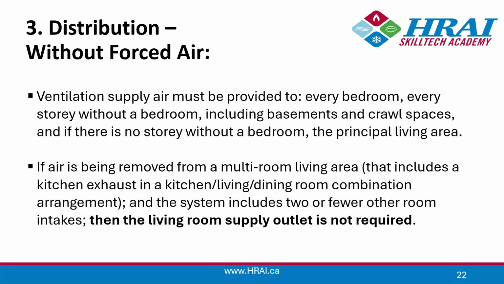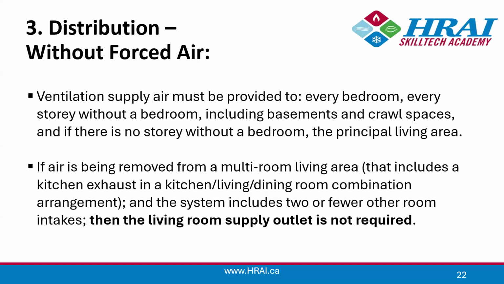If the air is being removed from a multi-room living area, that includes a kitchen exhaust in a kitchen living dining room combination arrangement, and the system includes 2 or fewer other room intakes, then the living room supply outlet is not required. So again, something entirely new, pointing us to the fact that we can take out that principal living area if we're already removing air from the kitchen and it's all one room.